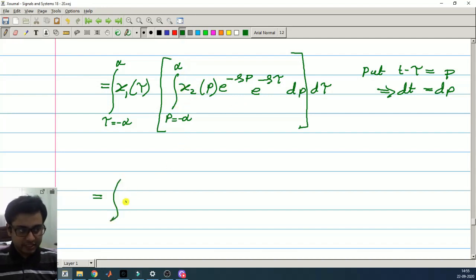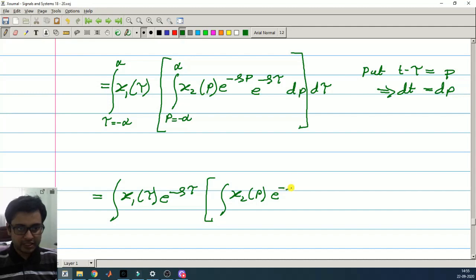So I will write it this way, x1 tau, then this outside e to the power minus s tau, then this thing x2 p e to the power minus s p dp, p from minus infinity to plus infinity, and here d tau.